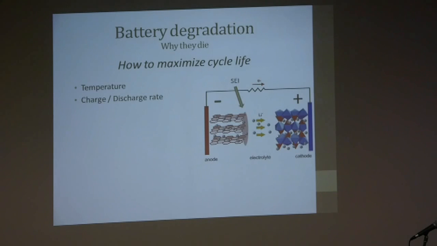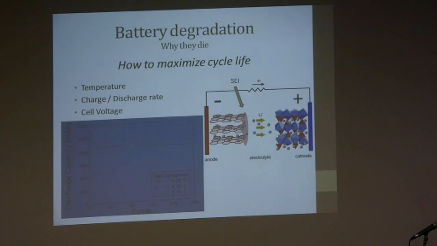But if you say, "Oh, I'll get 80% within half an hour," it's not that they won't work anymore the next day, but they just grow older quickly. And instead of 2,000 charges, you get maybe 1,500 out of them. So the discharge rate and also the cell voltage.